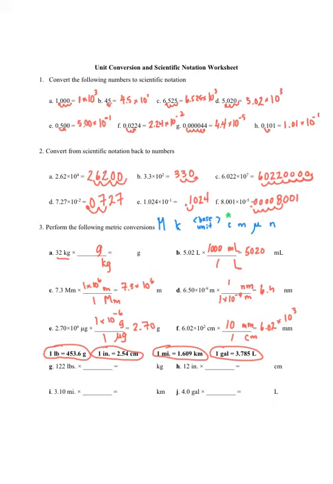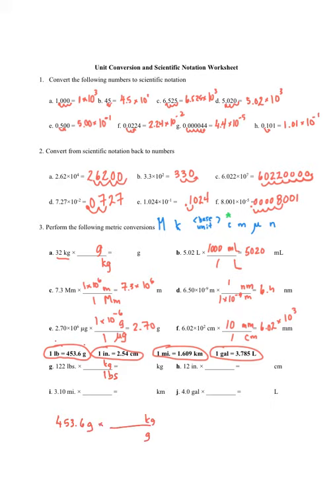For example, in Part G, where we want to convert pounds to kilograms, we'll need to look for a relationship between pounds and kilograms. Oh no, we're only given information about the relationship between pounds and grams. Well, luckily, we already know how to go from 453.6 grams into kilograms.